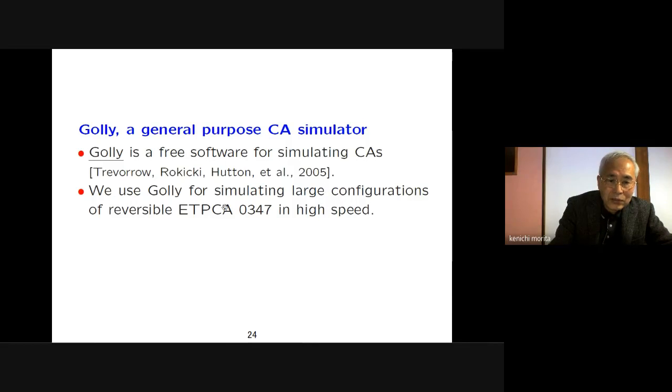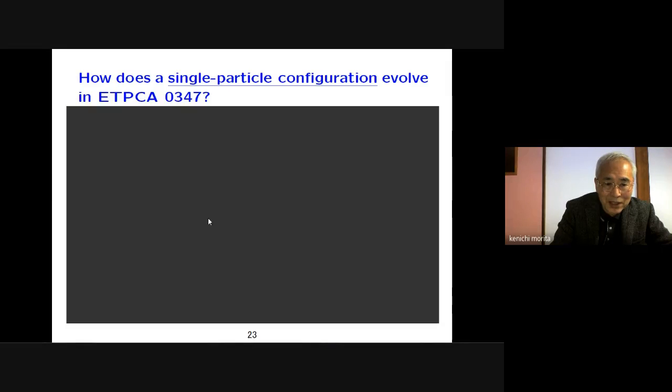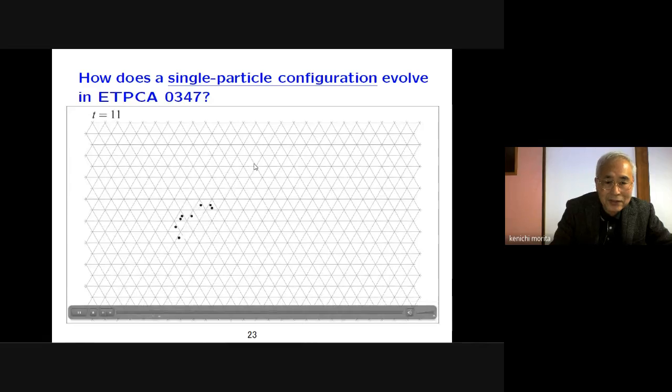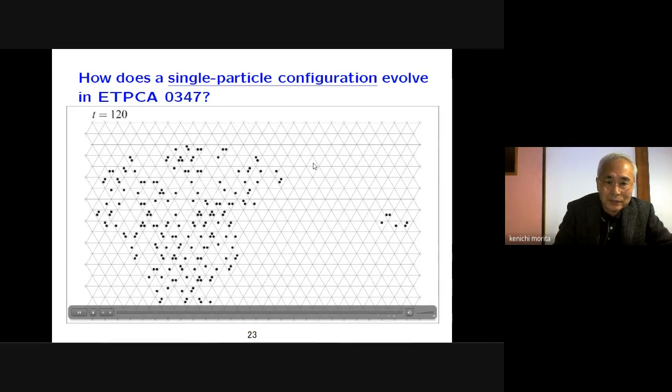I use Golly for simulating very large configurations of reversible ETPCA 0347 at high speed. Well, I myself created a simulator like this for small configurations, but it cannot be used to simulate very huge configurations.